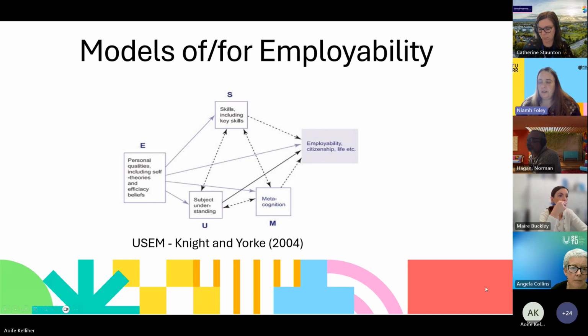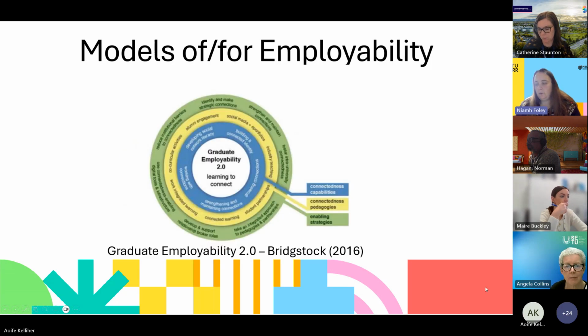And then moving on, the next model was Bridgstock, an Australian one. I suppose this one has moved up now; they're working on graduate employability 2.0. Again, it looks at connectedness, at our pedagogy, and how we get that across to our students, and then at the enabling strategies. So where is that self-assessment?